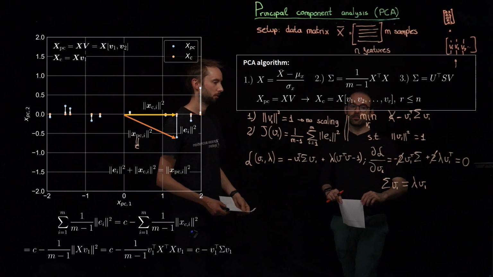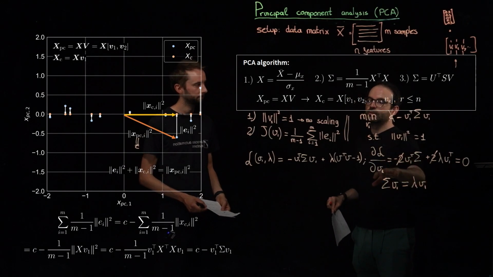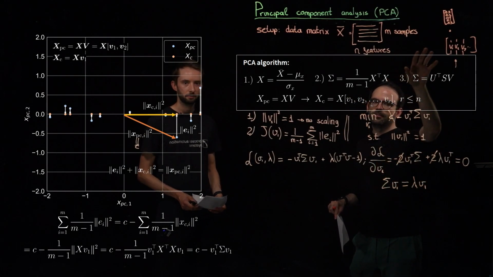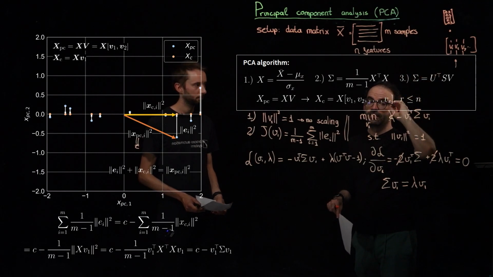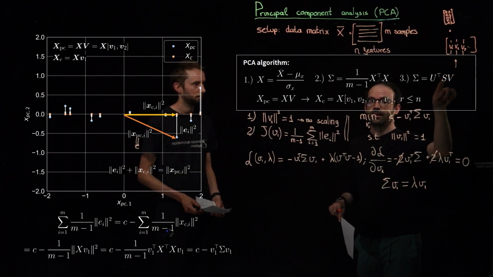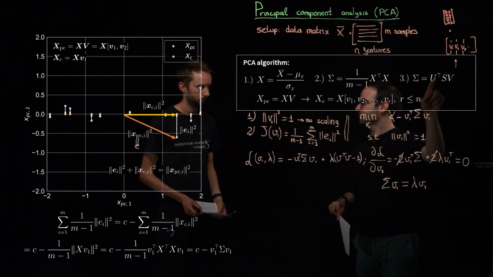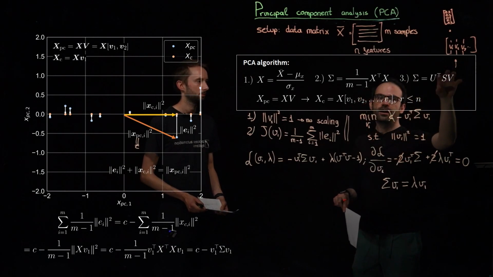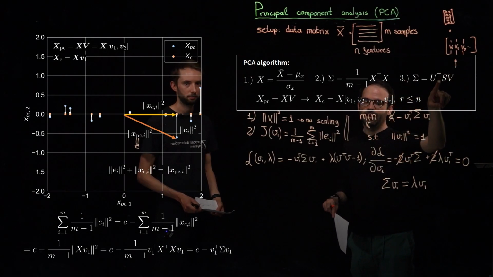Exactly. And this is going to be useful because we are dealing with symmetric matrices with positive eigenvalues, so these eigenvalues are the same as the singular values that we would have in this decomposition. In this decomposition, we have these eigenvectors and the eigenvalues.